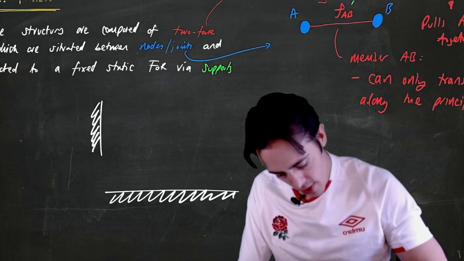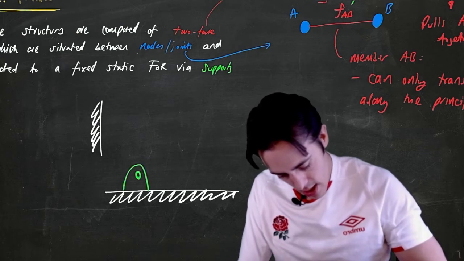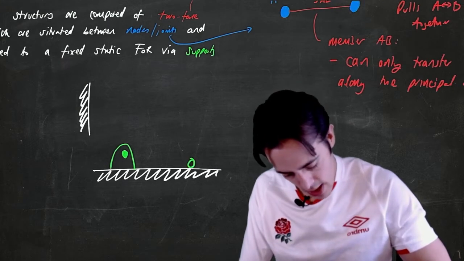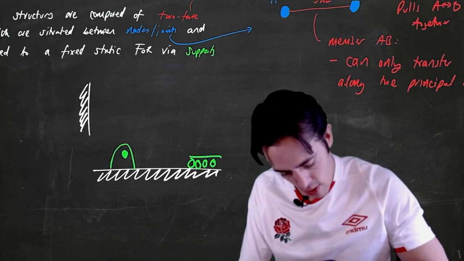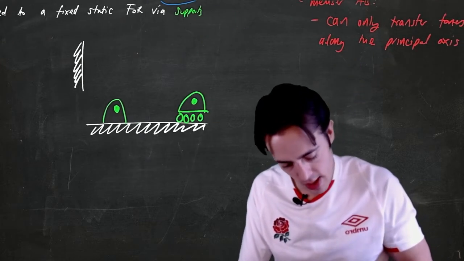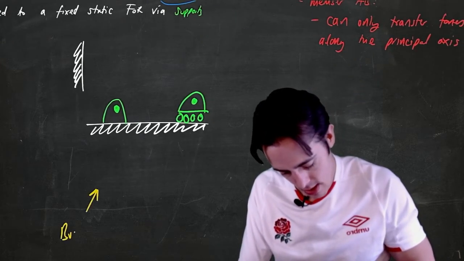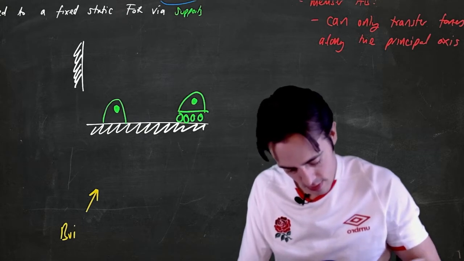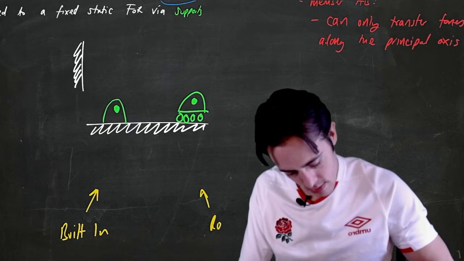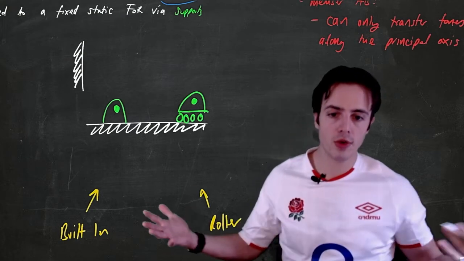So our supports can either be built in, like that, or we can put roller supports, and there's a myriad of ways we can draw these. But let's say we've got this one here, this is built in. Now these two supports do two different things.